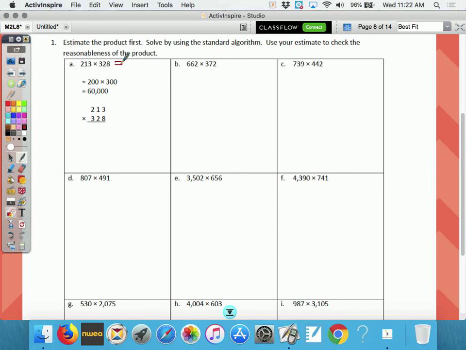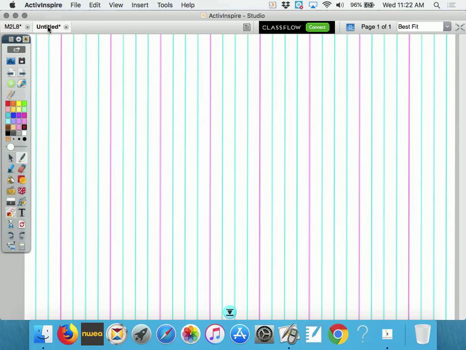So watch me. I would scoot over if I were you, because if you don't scoot over, your problem's going to go off the edge of the paper. So scoot over about 5 and write 213, one number in each column, and 328, and get ready to multiply those together.